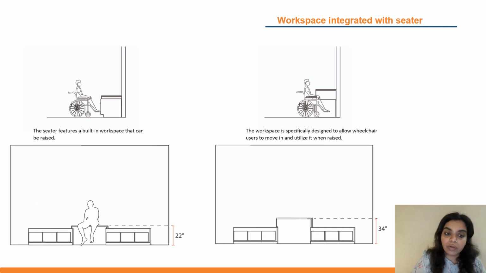So what we looked at is an entire side of the wall which could become like a seating, but at the same time that would then take away the space we have for our study table, which he would eventually use. So we looked at an interesting feature where the table could become at the same level as the seating when required, and when he would work, he could elevate it and use it as a table as well.